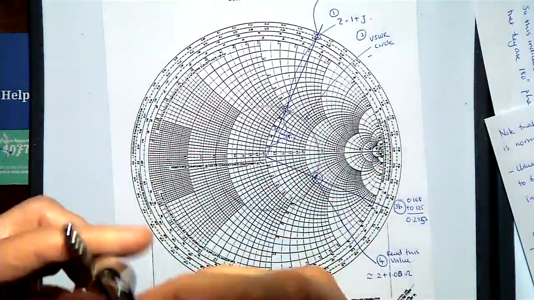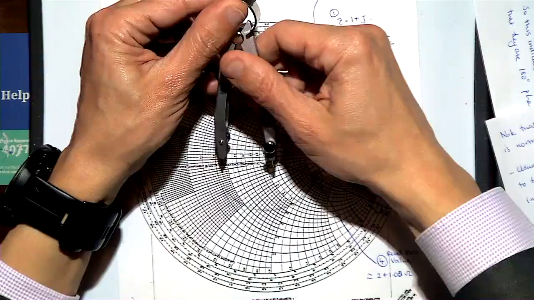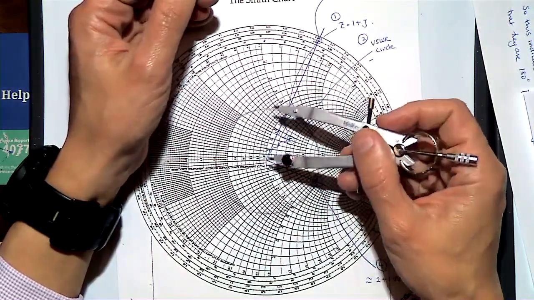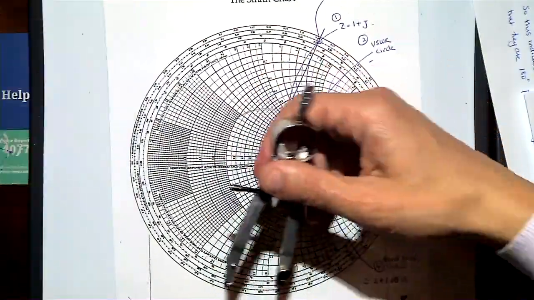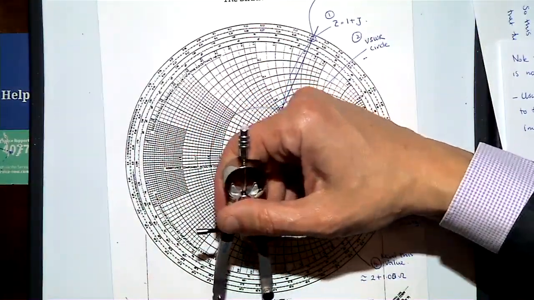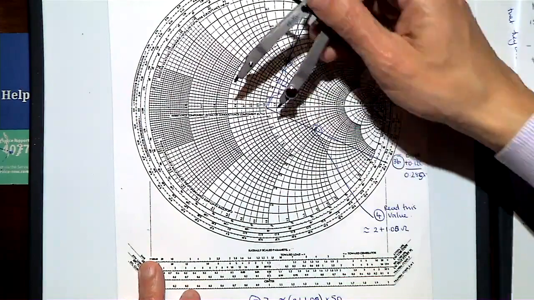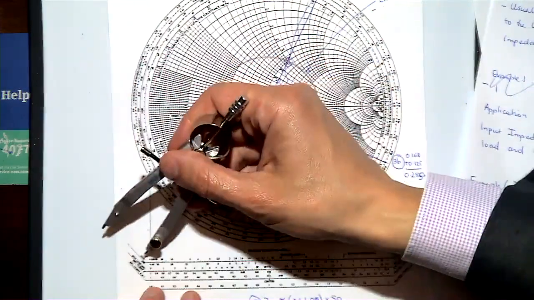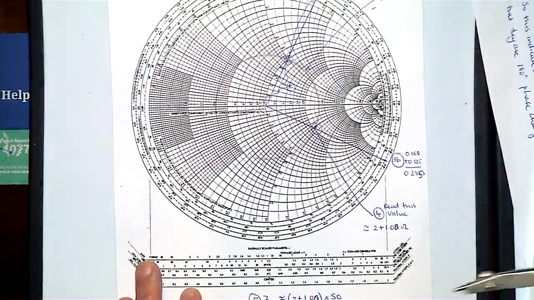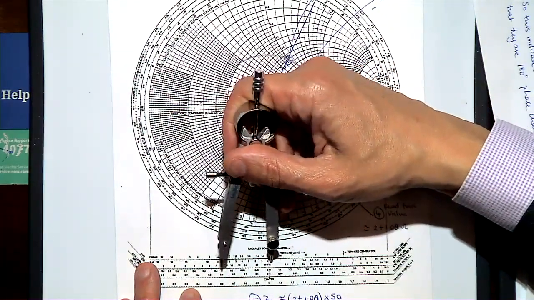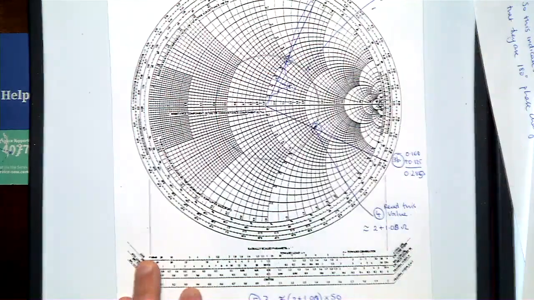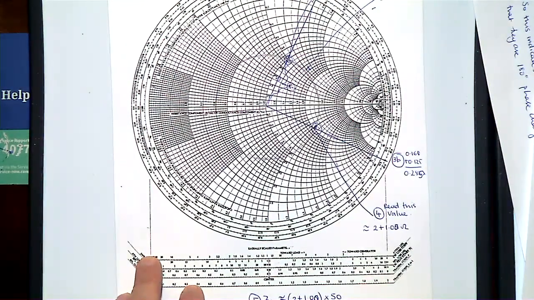In order to calculate that, you work out the radius of this line, and where you see the circle where it says standing wave ratio, you read it off, and you say it's 2.5. This is the beauty of a Smith chart.